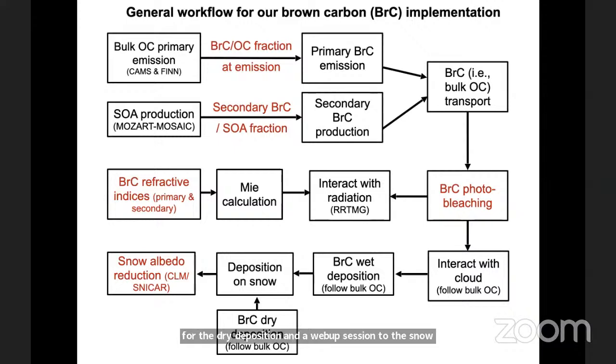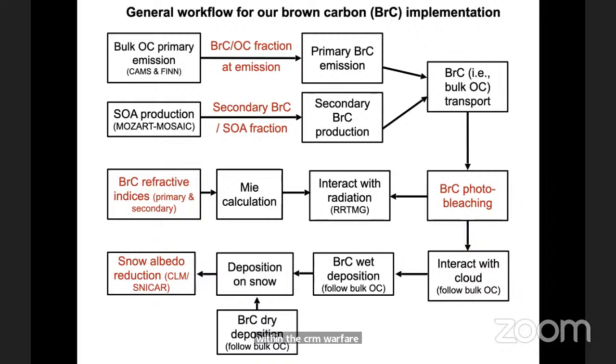Here we are using the Community Land Model embedded in the WRF model. So we account for the brown carbon aerosol species interacting with the snow albedo and its evolution within the snowpack, following the previous SNICAR model, which is the snow albedo scheme within CLM in WRF.